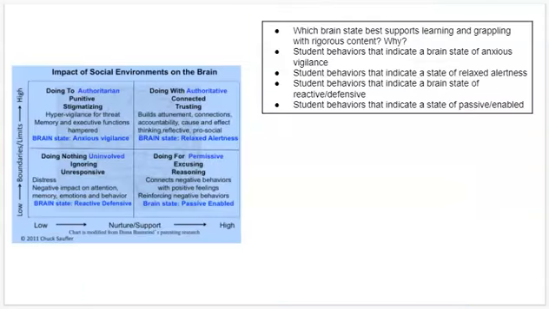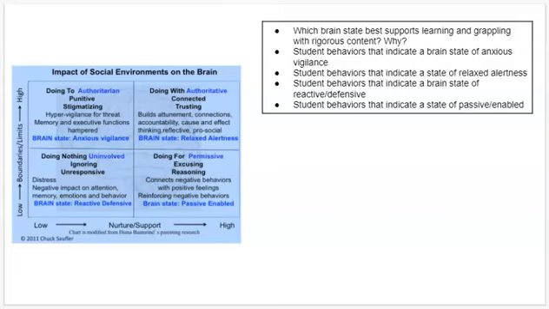So here next, I have just some questions that have to do with the boxes and going more in depth. So put this on pause and go through these five questions. Which brain state best supports learning and grappling with rigorous content? Because that's where we are in our classrooms. Student behaviors that indicate a brain state of anxiousness.